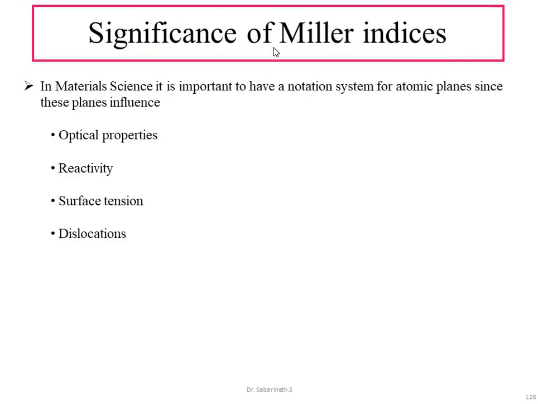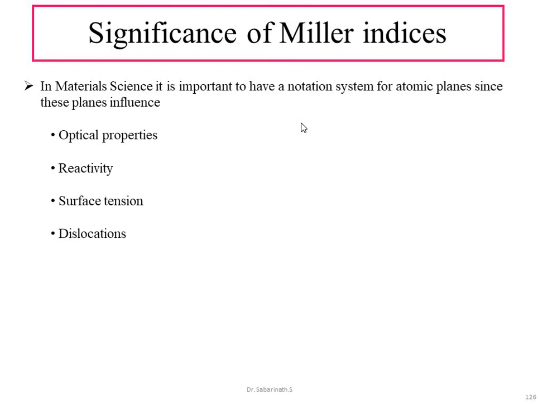Now next is the significance of Miller indices. Why are we using the Miller index in material science? In material science, it's important to have a notation system for atomic planes, since these planes influence the properties. In the last class we saw how atoms are represented.